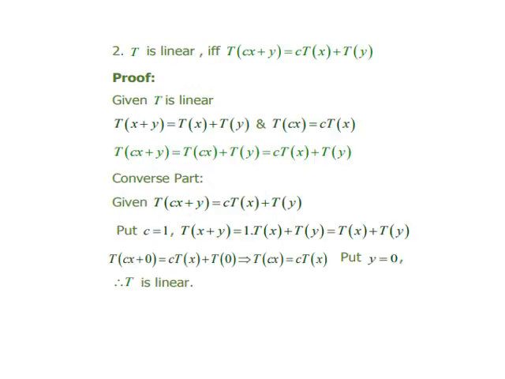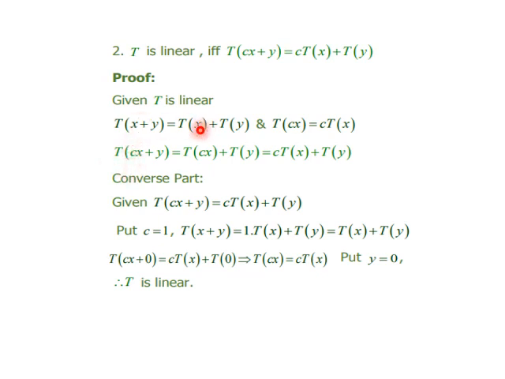Next property, T(cx + y) = cTx + Ty. That scalar, whatever you have, can be written outside. So now this is what you have as a linear transformation. These two are true. Now let us start with the left hand side, T(cx + y).